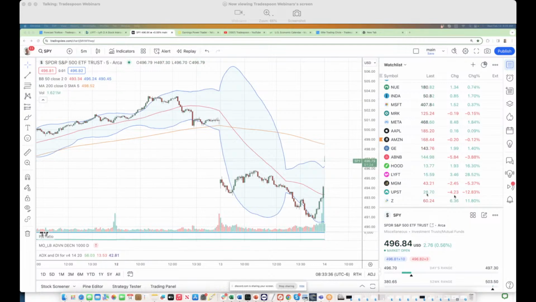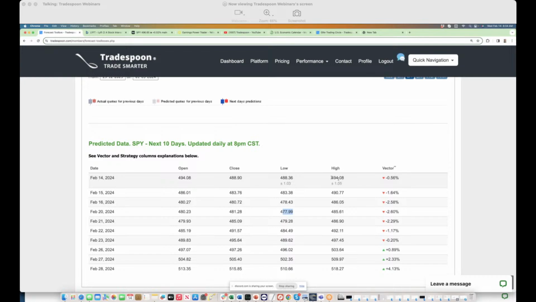Zscaler is up 11%, Upstart down 12%, MGM down 5%, Lyft up 30%, Robinhood is up 15%. Short term it's overbought. Model doesn't see 496. In the next 10 days it does, but I think it's a little bit ahead of itself.